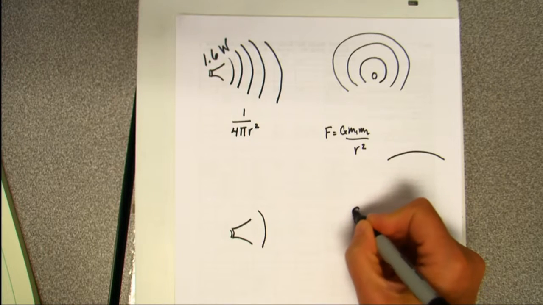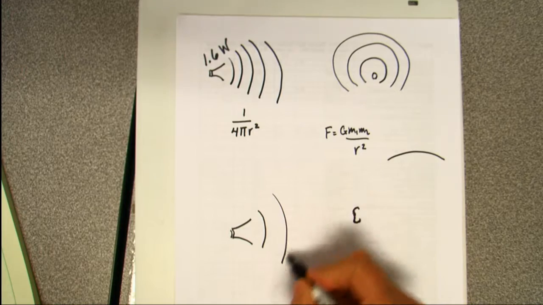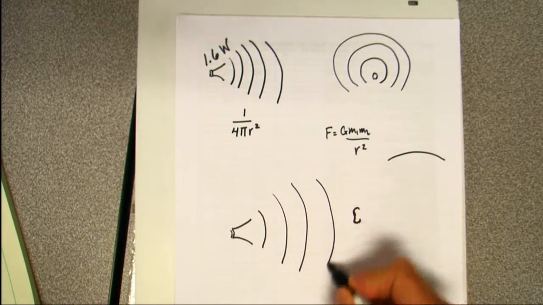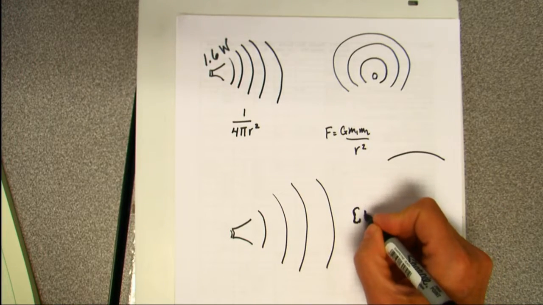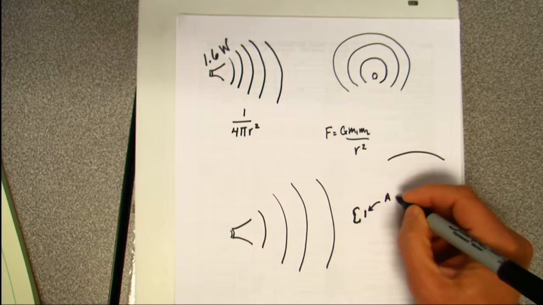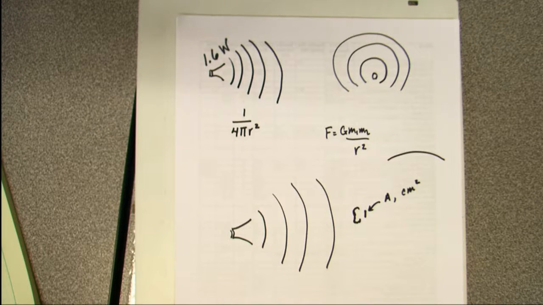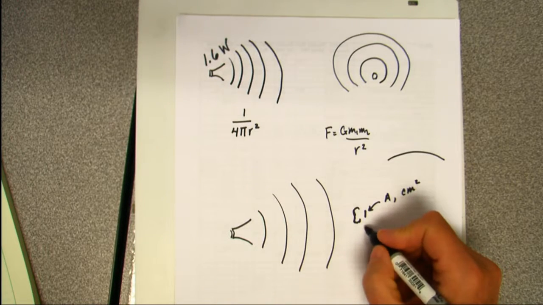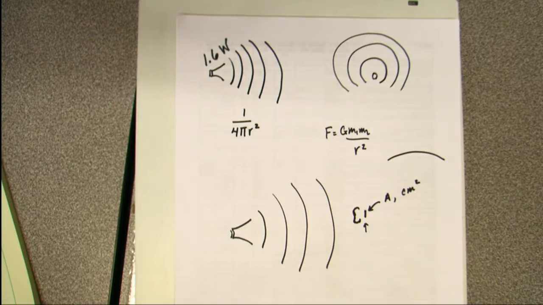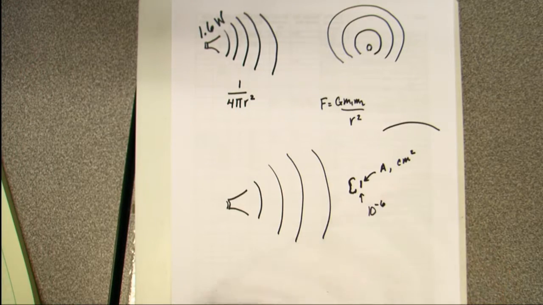We'll use an elephant ear because I can't draw a person's ear. We're told that we have an area here, in centimeters squared, that can be damaged if we hit 10 to the minus 6 watts.